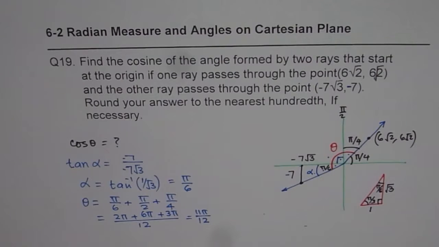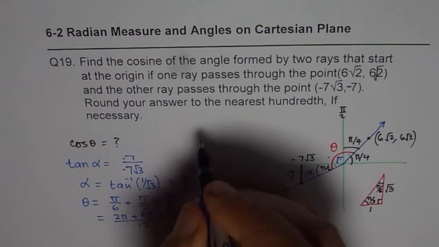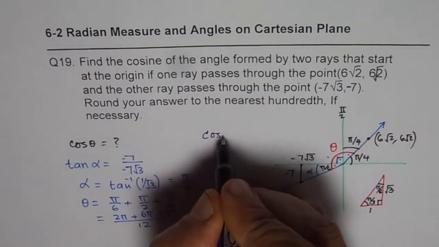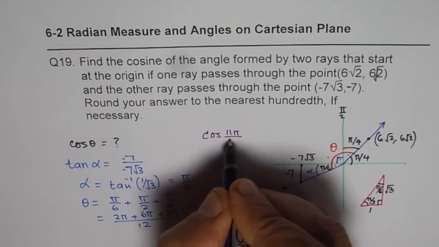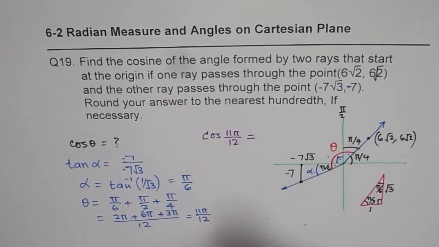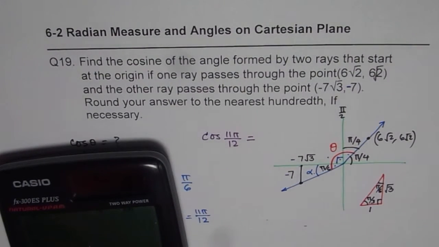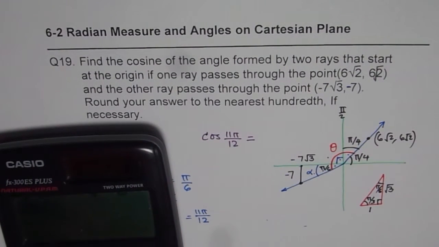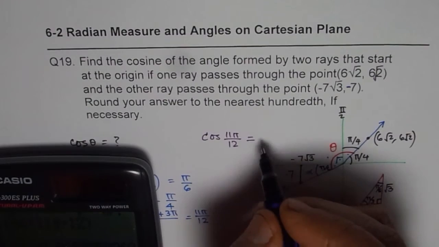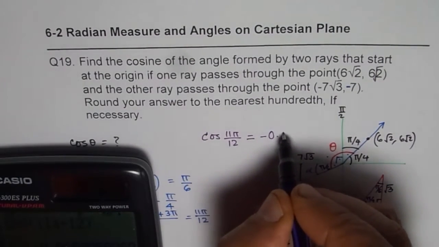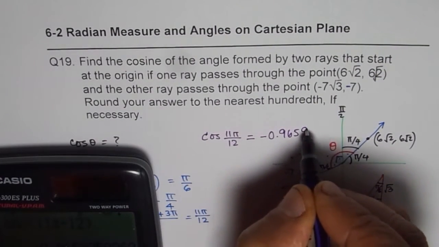Using this value, we can find cos of 11 pi by 12. So cos of 11 pi by 12 is equal to what? Let's use the calculator for that. We write cos, and within brackets 11 pi divided by 12, bracket close, equal to. So we get, in decimals, minus 0.9659.